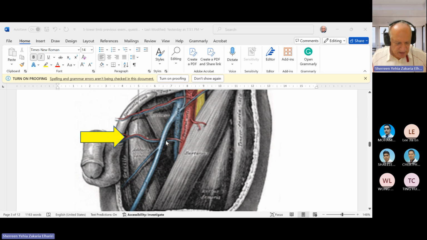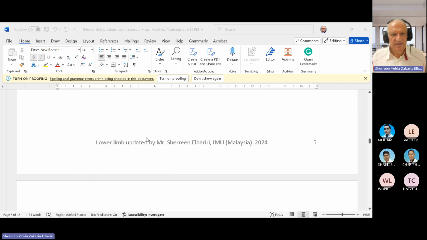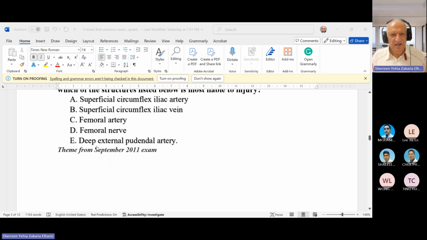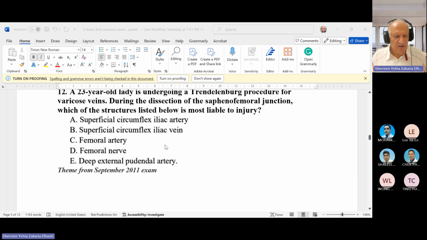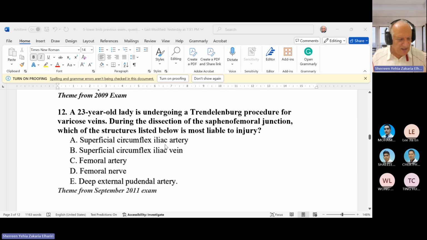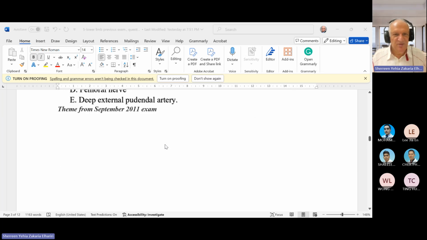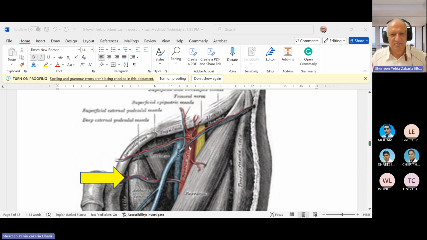We call it the deep external pudendal artery. It is not that important, it's very tiny, but here it is enlarged because we have deep and superficial ones. The superficial one is related to the inguinal region, and this is the deep external pudendal artery.